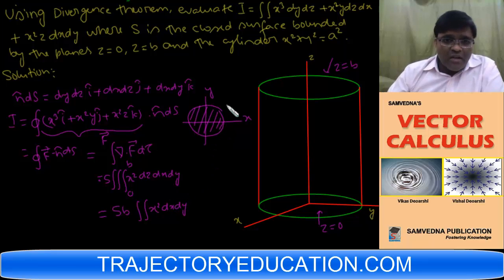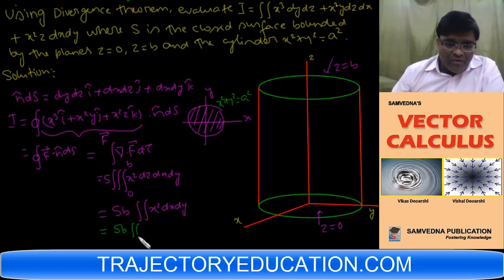This is the domain. The domain is basically the area bounded by the circle x square plus y square equals a square. Now I can convert this to polar coordinates. Remember, wherever you are given this kind of region, it's always easier to do the integration by converting into polar coordinates.